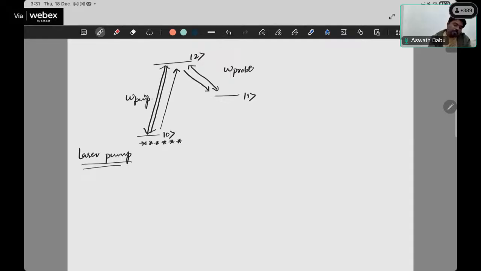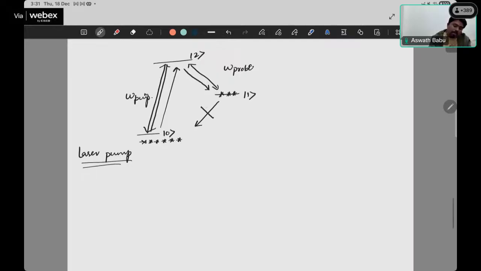So the maximum number possible will go to level 1. And I can ensure that for the time being, from level 1 to 0, I can somehow remove it, meaning I can stop that decay. So what I am doing is creating a large number of atoms accumulating at level 1. This is also called population trapping.